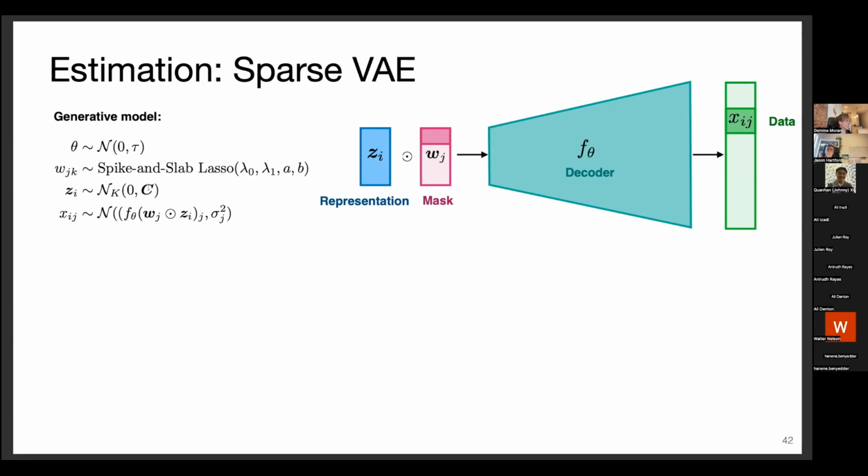It still ended up working fairly well in our ultimate variational approximation.